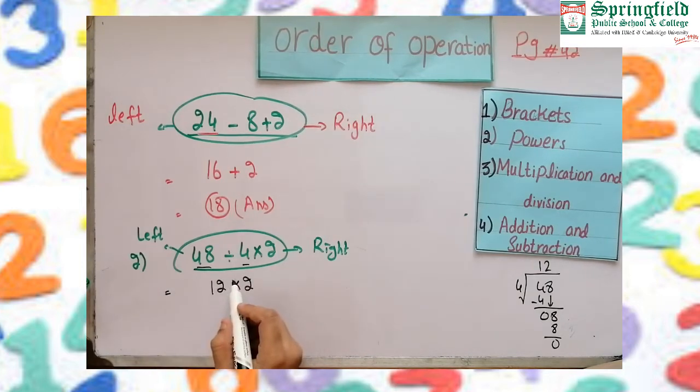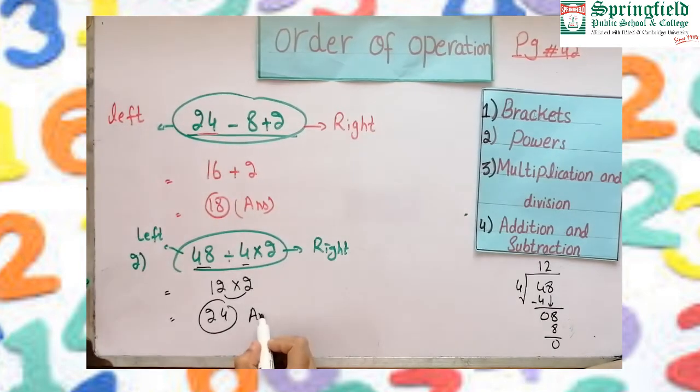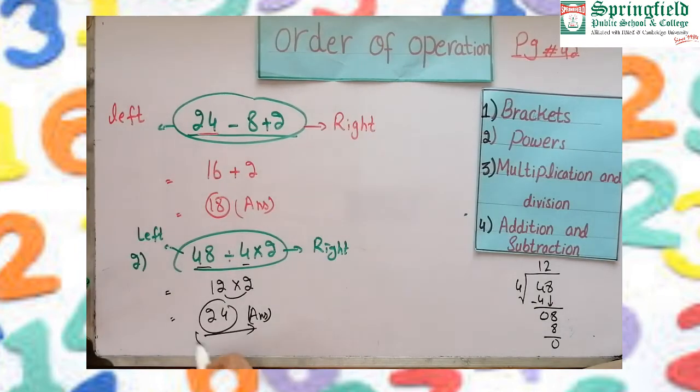In the first step we divide, and in the second step we multiply. So 12 multiplied by 2: 2 twos are 4 and 2 ones are 2. 24 is your final answer of this expression. Understood, beta? Okay.